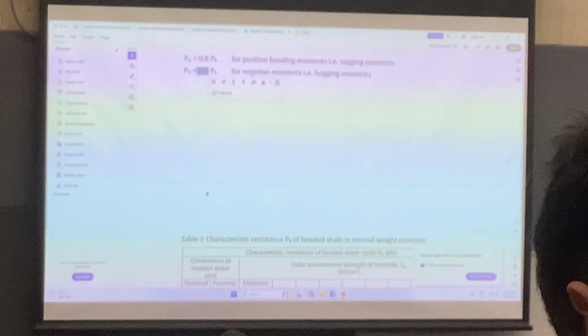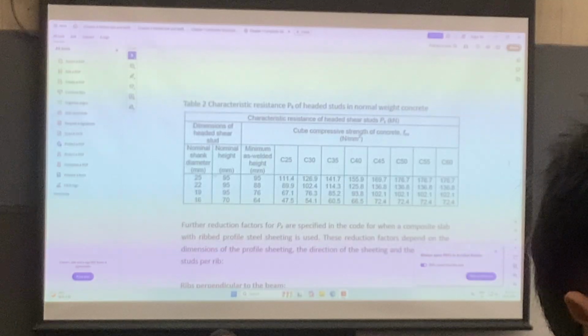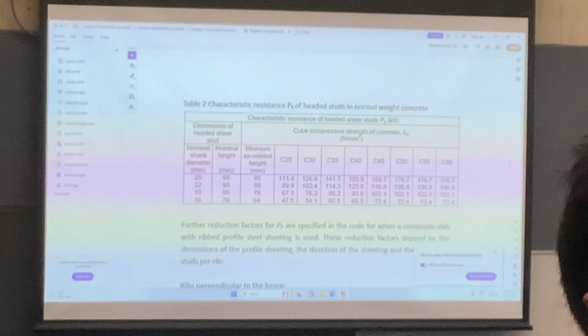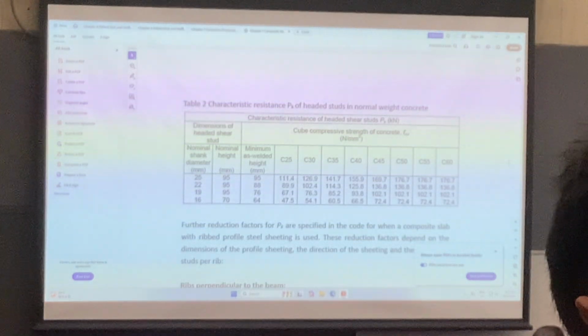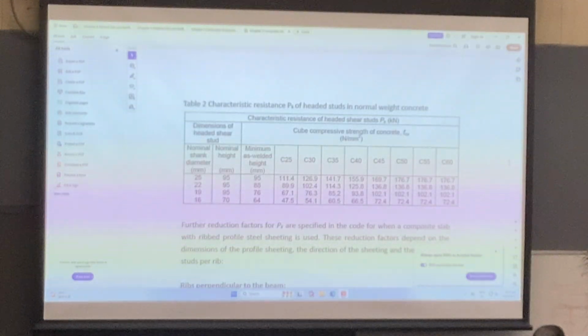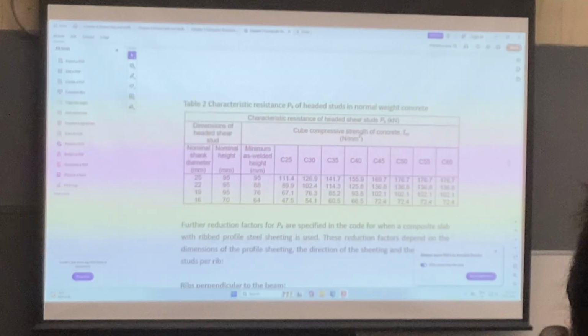Okay? But the shear stud itself actually depends on the height. The shear stud will be applied on top, and then you have a height here. It's the height of the shear stud, and then you have the nominal shank diameter.